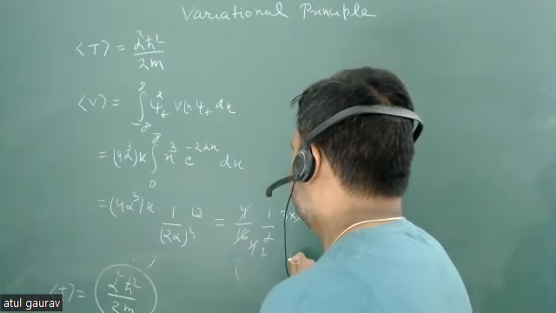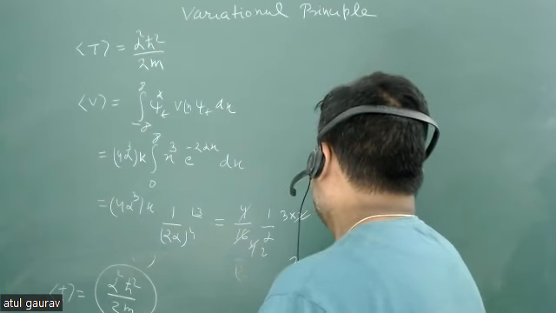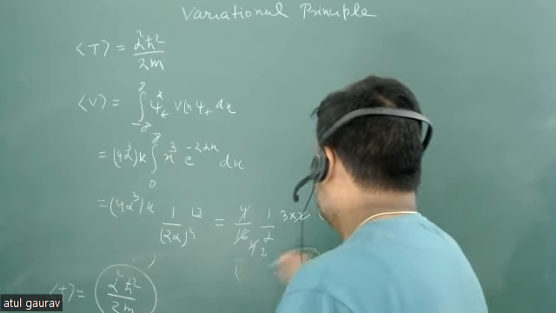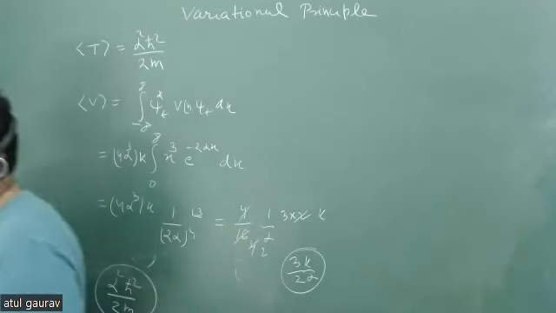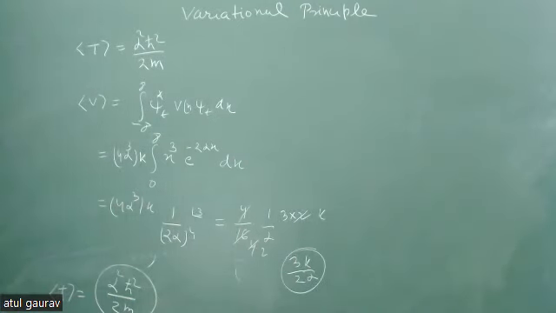So we have 3 upon 2 k by alpha. Is it coming? Just check it. Yes, sir. It is coming, right? Because I think that will be the correct value of potential energy. Okay.